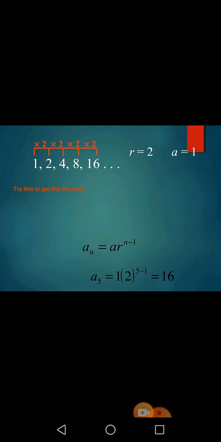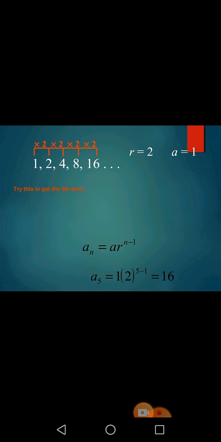I want to know what the ratio is first. 1 times what equals 2, so it will be 2. I want to make sure this is a geometric sequence. 2 times 2 equals 4, and 4 times 2 equals 8, so it's geometric. So I will write the formula of the geometric sequence here, Aₙ equals a r to the power n minus 1.